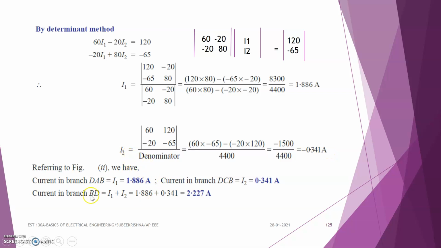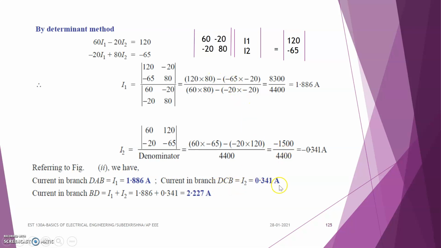The value of I1 is 1.886 ampere and the value of I2 is minus 0.341 ampere. So we get the same answer by using the determinant method also.